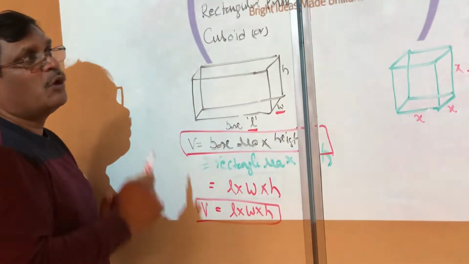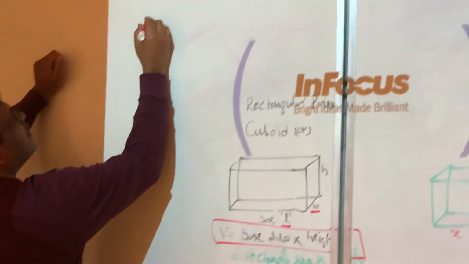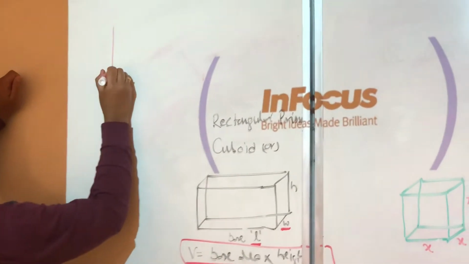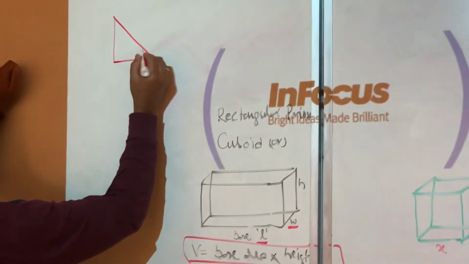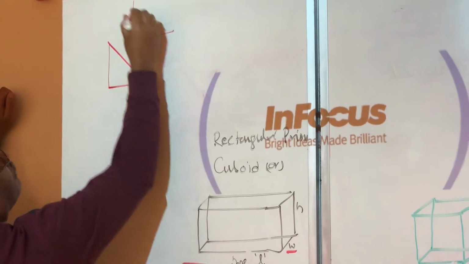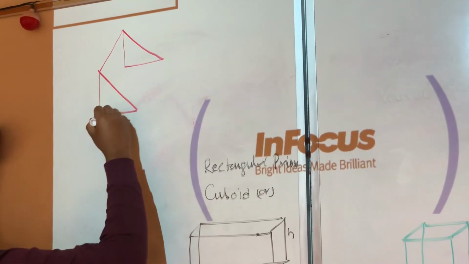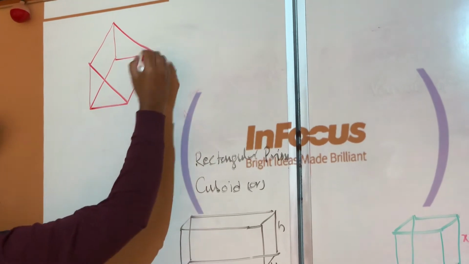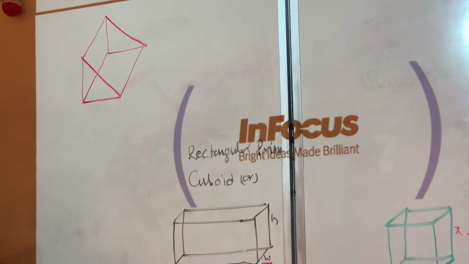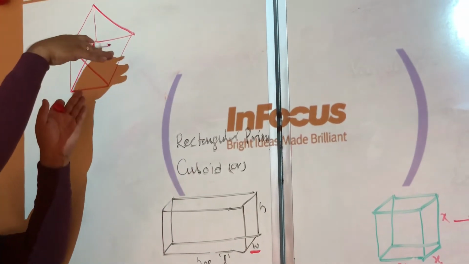Now I'm going to show you one more shape, which is called a triangular prism. Here's a diagram for the triangular prism. So two parallel faces, I'm connecting the respective corners. See, you got the shape of a triangular prism. Now I have two parallel faces as triangles.